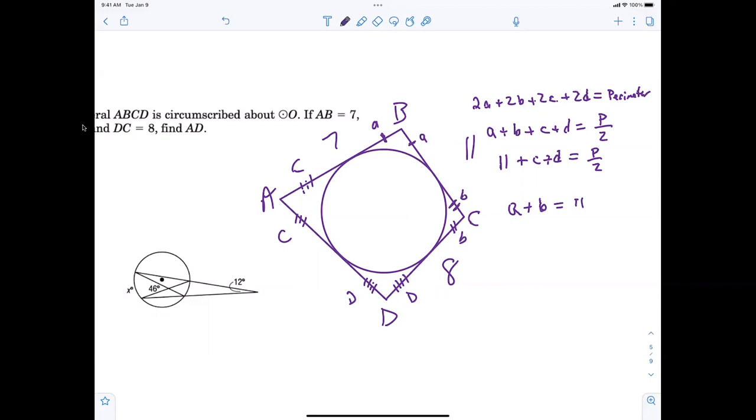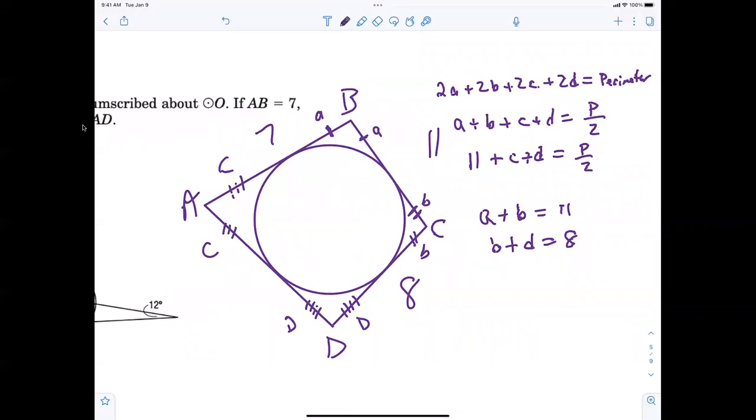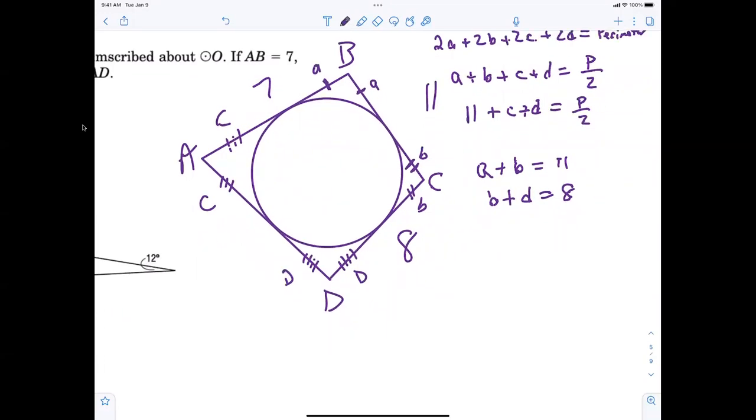B plus D has to equal 8, right? Anybody tell me what half the perimeter is? Well, 7 plus 11 plus 8, 15, 26. So 13.